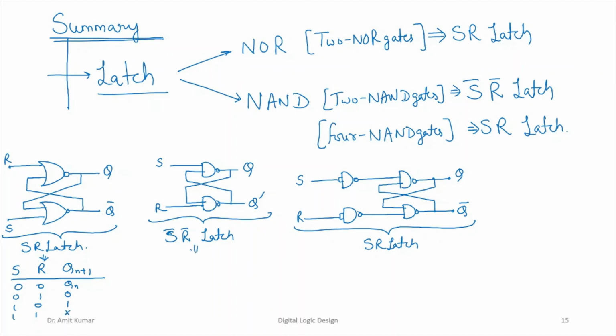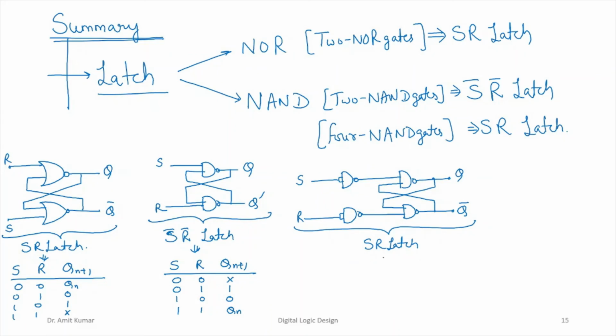If you look at the characteristic table of this one, S and R, Qn plus 1: if 0 0, it will be the forbidden or indeterminate state, 0 1 will be a set state, 1 0 will be a reset state, 1 1 will be the memory or hold state, right?